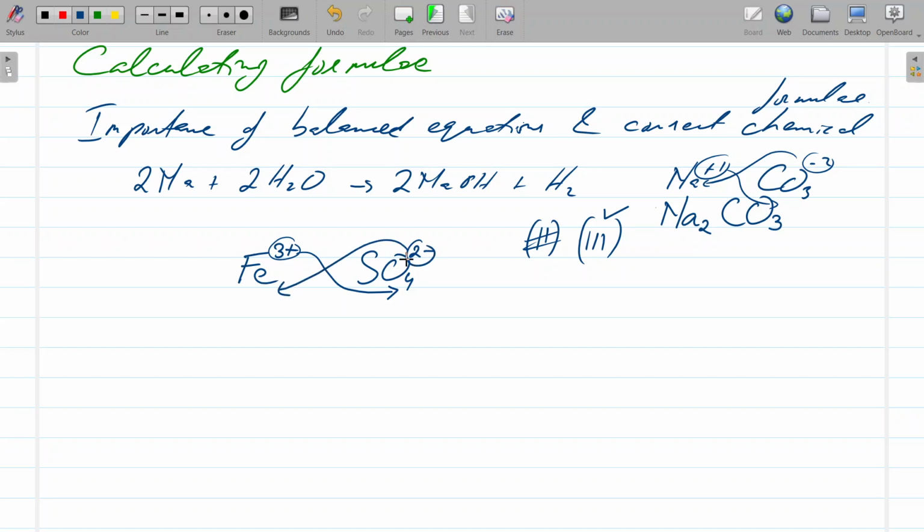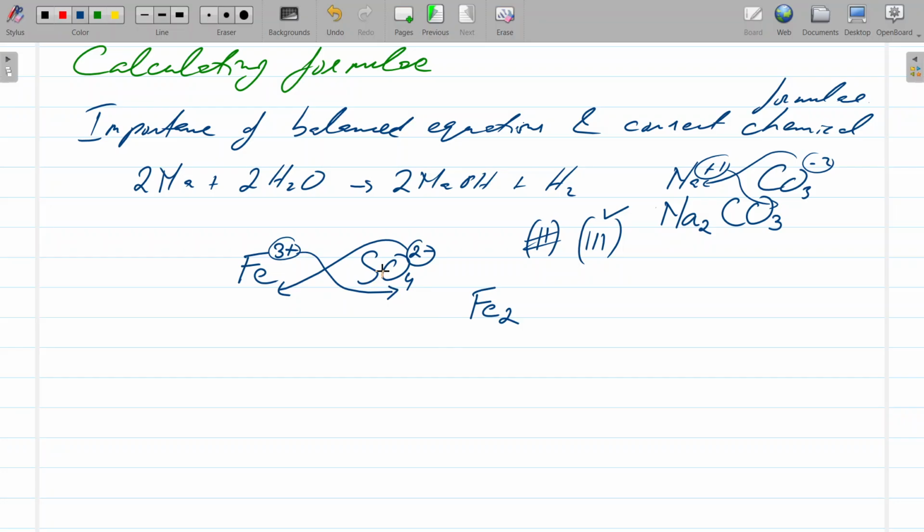Because the oxidation number of sulfate is 2, what I need to make iron 3 sulfate is 2 ions of iron, that's Fe2, coming from the sulfate.